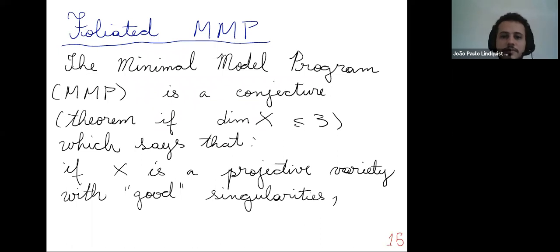The minimal model program first appeared in the context of varieties.